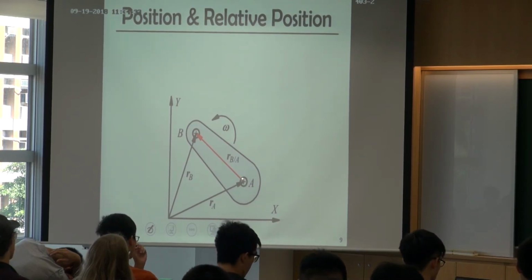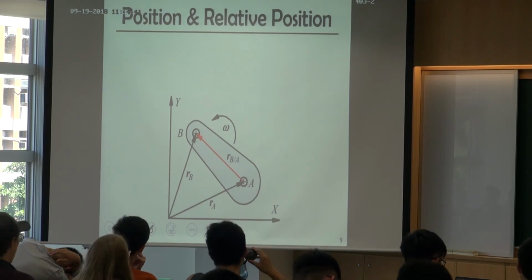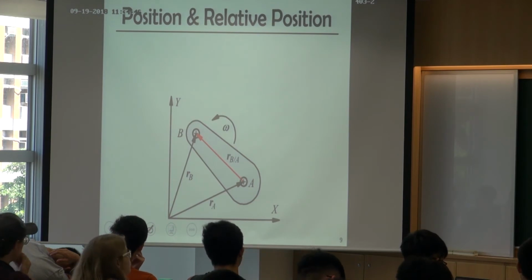We can represent the position of point A by RA, and this RA is the absolute position corresponding to this coordinate.